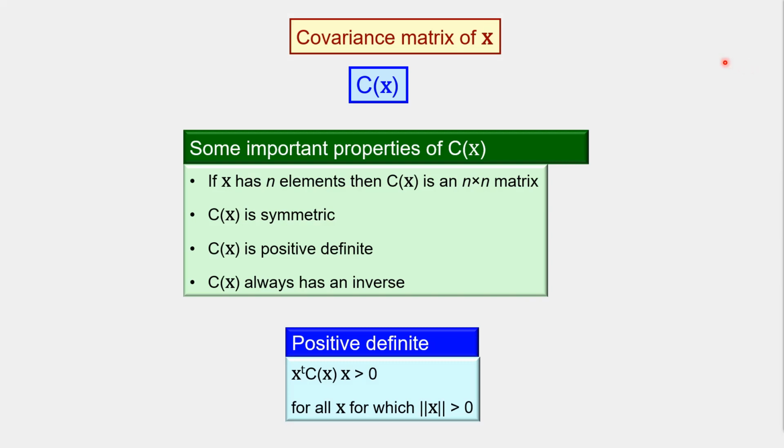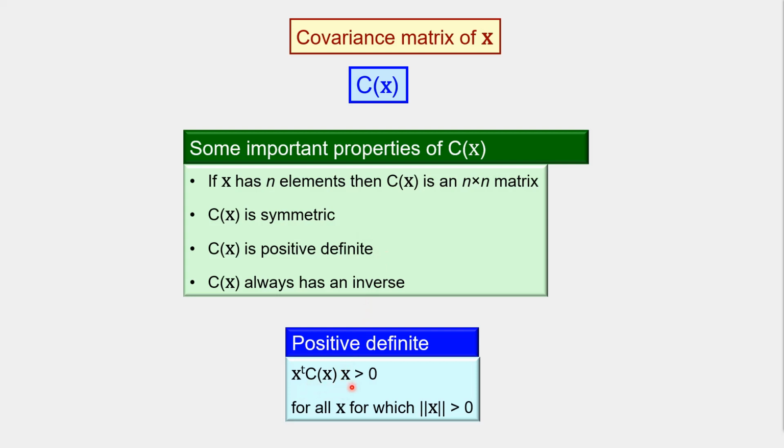A covariance matrix has some important properties of which we should be aware. As we just said, if it describes a vector x which has n elements, then Cx must be an n by n matrix. It must also be symmetric, but more than that, Cx must be positive definite. Positive definite means that this relationship applies.